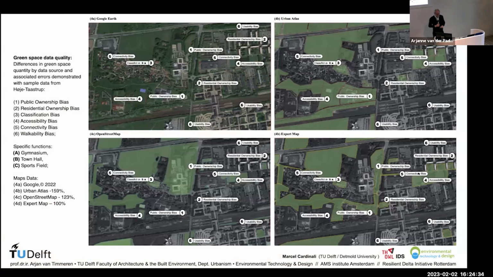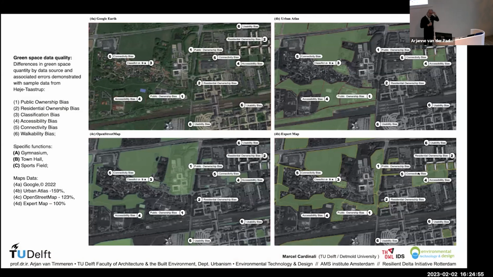To make it even more complex, in this urban space, this is just an example from Denmark. We did it for Denmark, for Portugal, for Croatia, Czechoslovakia, and for the Netherlands. But here's an example from Denmark. You see there are all kinds of biases.